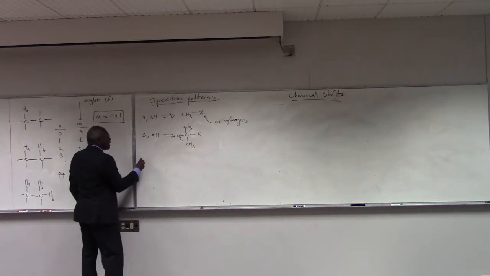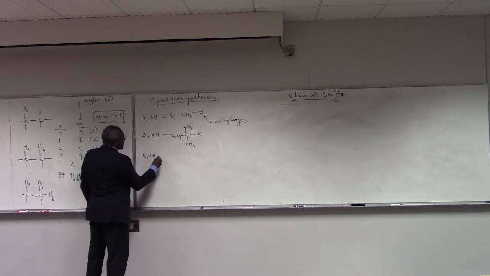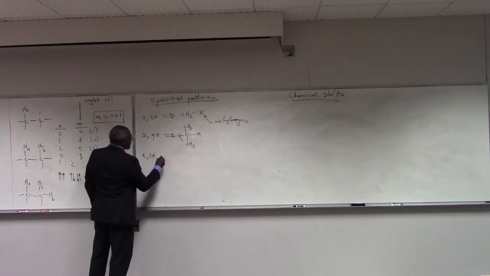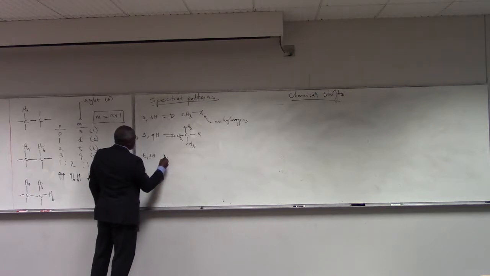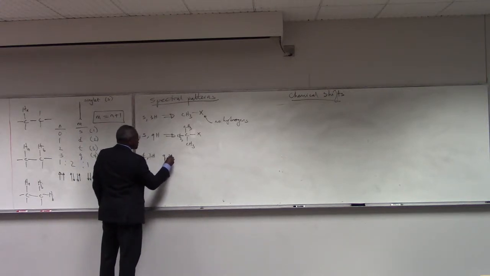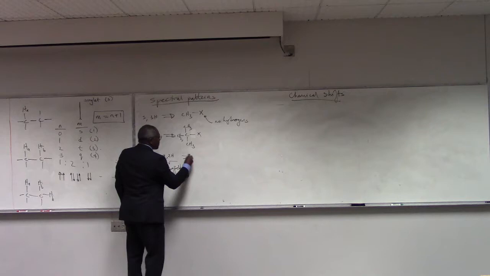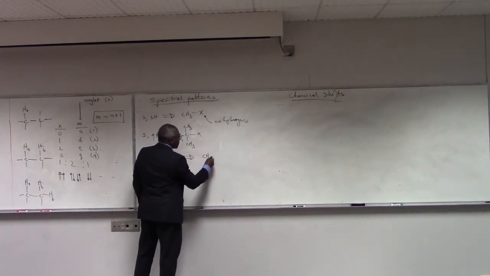If I see a triplet for 3 H's and a quartet for 2 H's, and typically the quartet will be downfield relative to the triplet, this implies I've got an ethyl group.